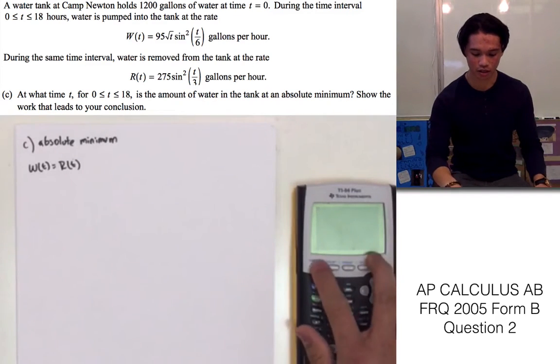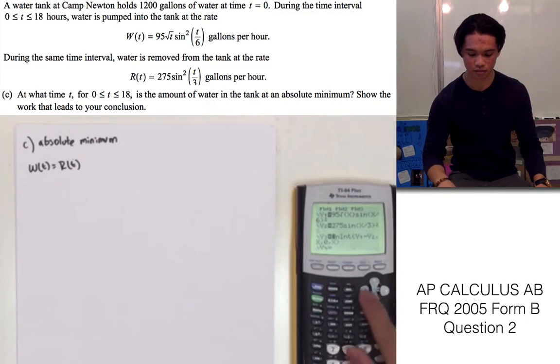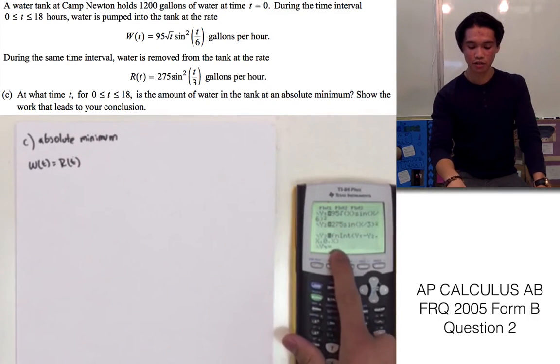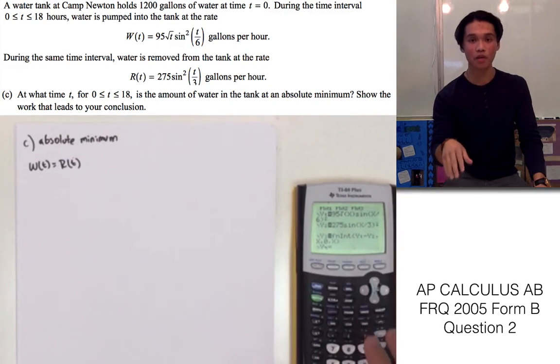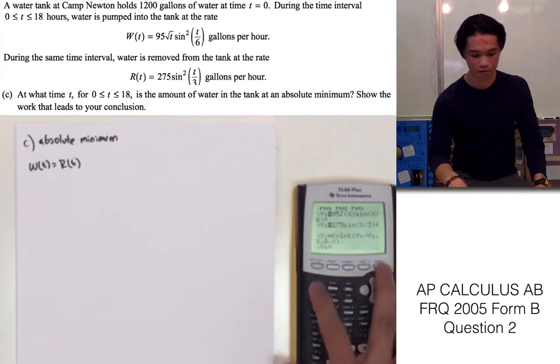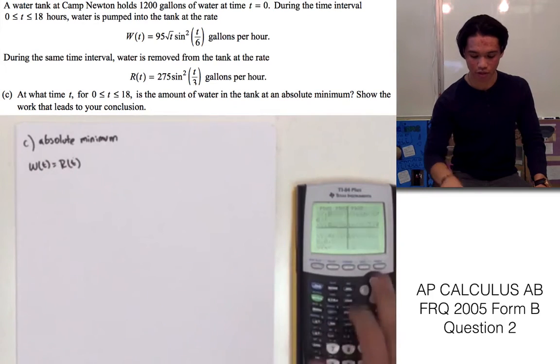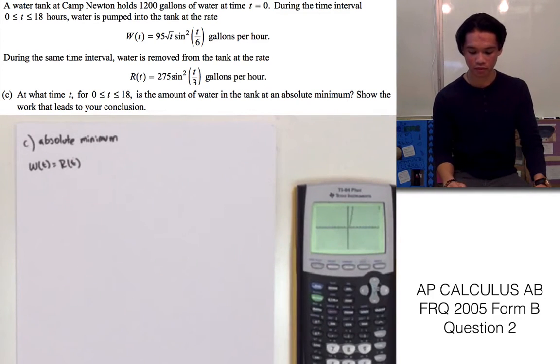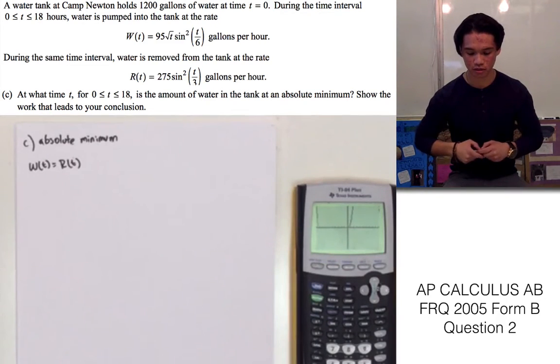So let's go ahead and go to our function. Now here you have the integration of the amount of water in the tank, so you can go ahead and turn that one off. We'll go ahead and graph. Let it load.